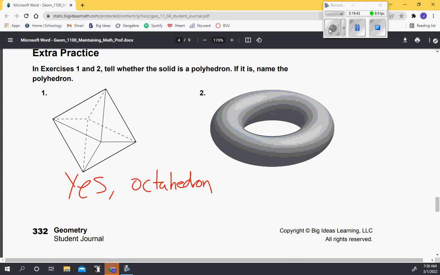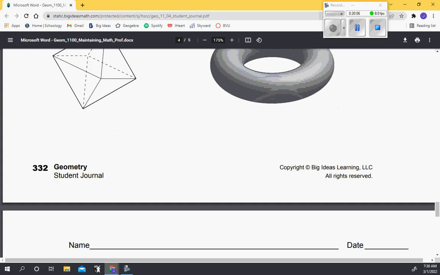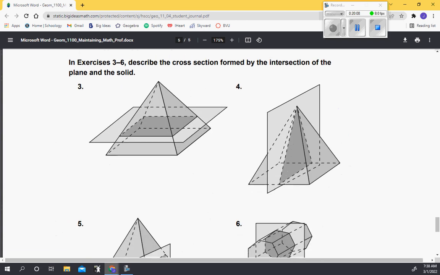It has 8 faces. It has 8 sides. 4 triangles on the bottom, 4 triangles on the top. Number 2, is this a polyhedron? No. It's a round object. No. Moving on.